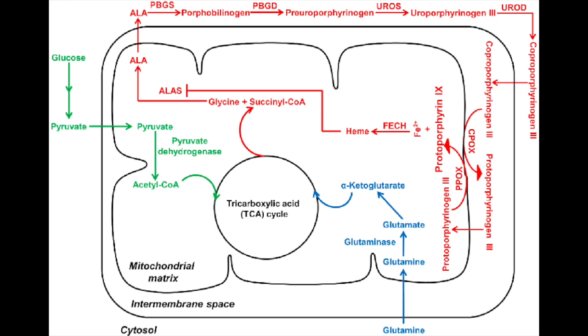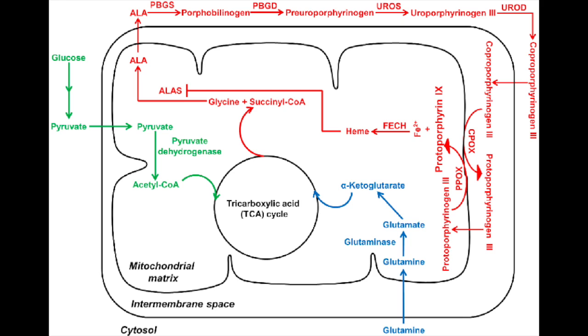As a broader picture of how heme plays a role in the body, we can see that heme is used in multiple ways. For instance, it's incorporated into hemoglobin, myoglobin, and the cytochrome P450 enzymes, which are a superfamily of enzymes, some of which are often used in detoxification of barbiturates and alcohol in the body.